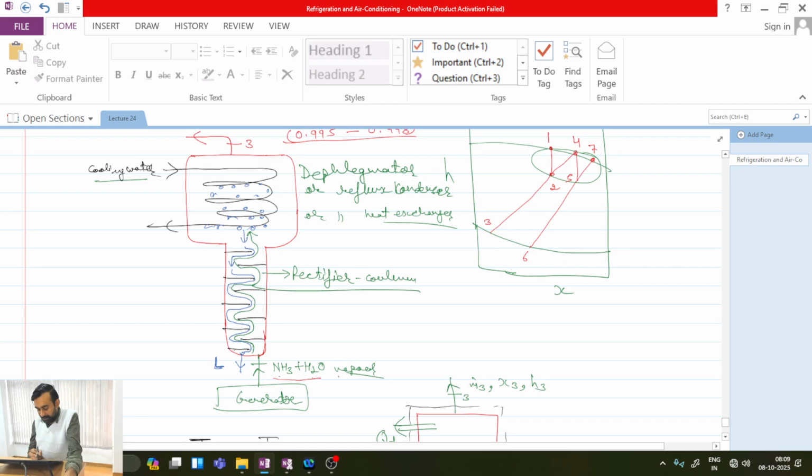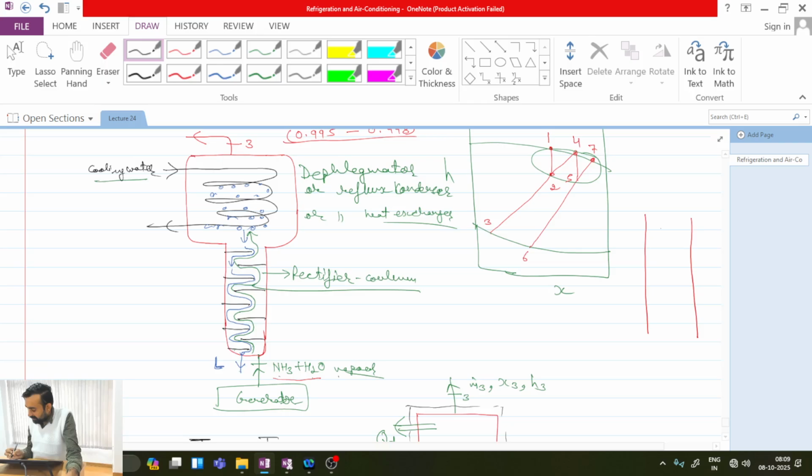Typically, instead of using these vertical plates, we can also use a vertical tube, particularly for the rectifier column, which is packed with ceramic spherical balls. Okay, so instead of this, we can also have a packed arrangement of spherical balls.